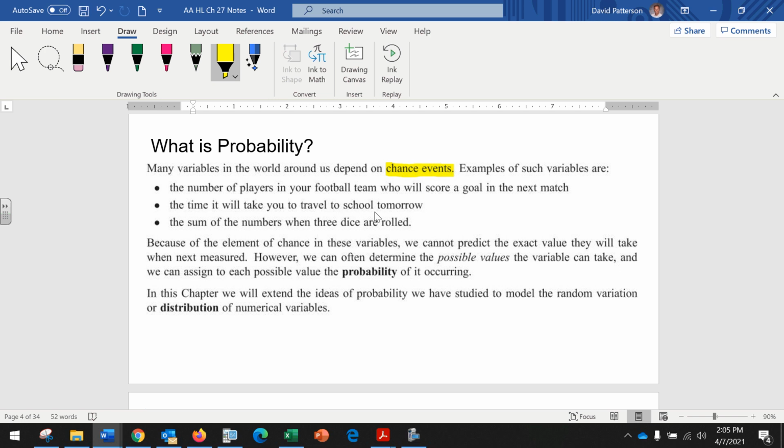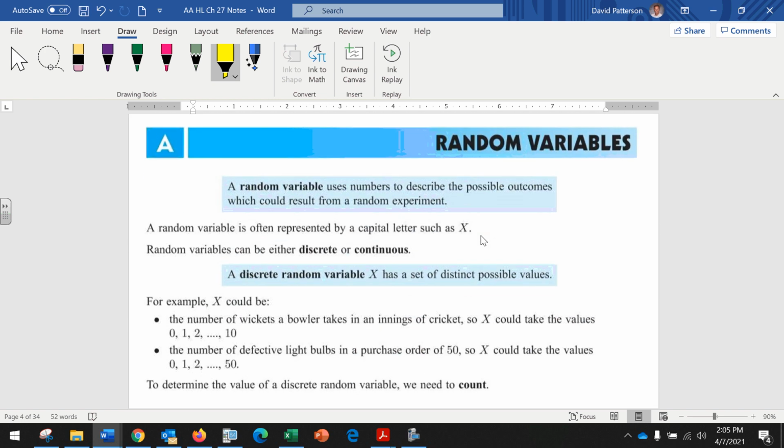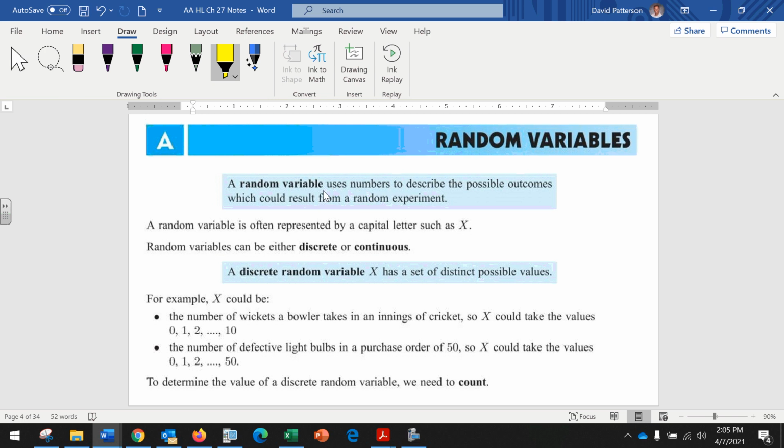The time it'll take you to travel to school tomorrow. It generally takes you maybe 10 minutes, but it could take you a little bit less or a little bit more. So those are chance or random events. When we talk about random variables, we're talking about numbers used to describe the possible outcomes resulting from a random experiment. Since it's a variable, we generally call it X or Y or Z, any letter we want to use, but it is a variable that we denote with a letter.